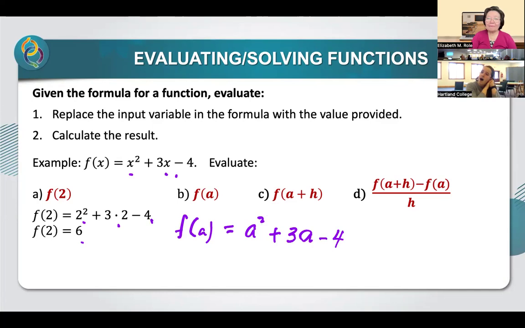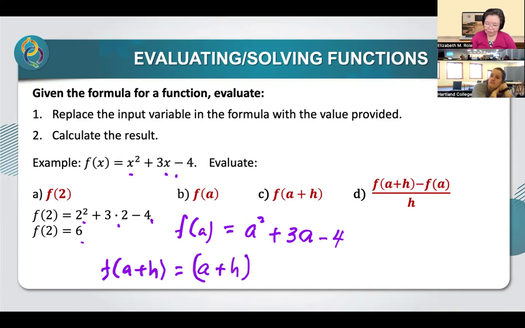How about f of a plus h? It will now be a plus h squared plus 3 times a plus h minus 4.